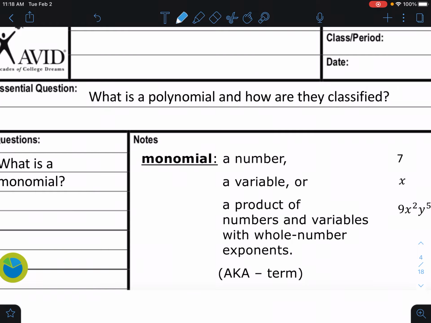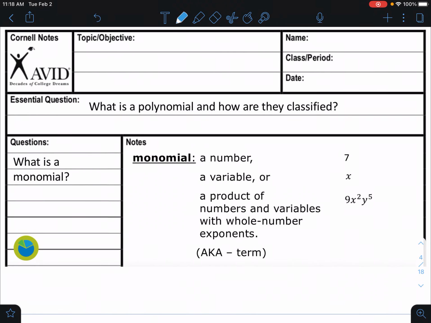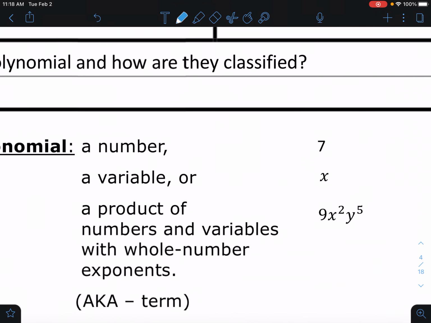So a monomial can be just a number like 7, okay? It could also be a variable like x, okay? Or it could be a product. Remember, product means multiplication, okay? And they'll be written right next to each other, and that means times, or multiplication. So it could be something that is a product of numbers and variables, all with whole number exponents.